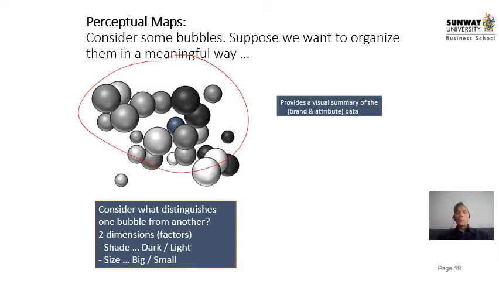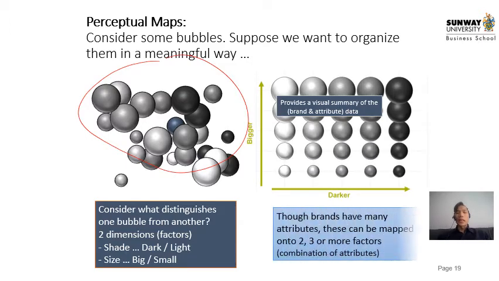But we want to provide a visual summary of the brand and attitude of the data. So probably we might arrange them both in shapes and shades as well. Though the brands have many attributes, and these can be mapped onto 2, 3, or more factors. So this is like a combination of those attributes.